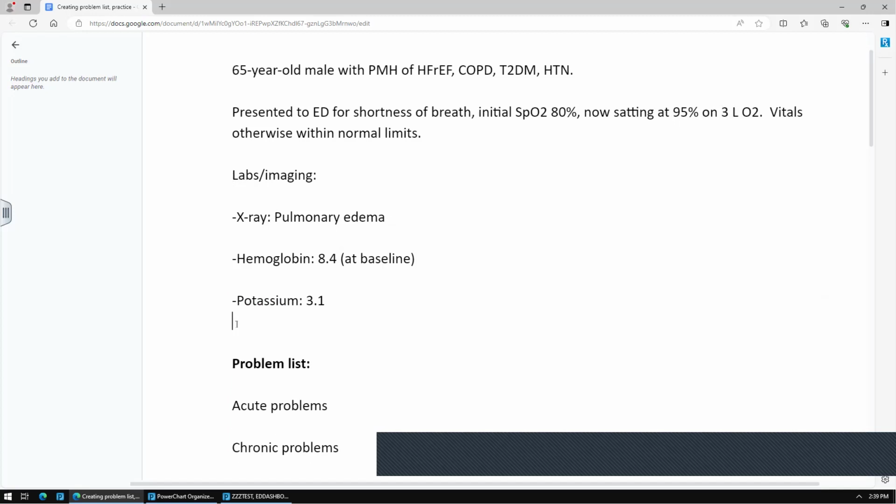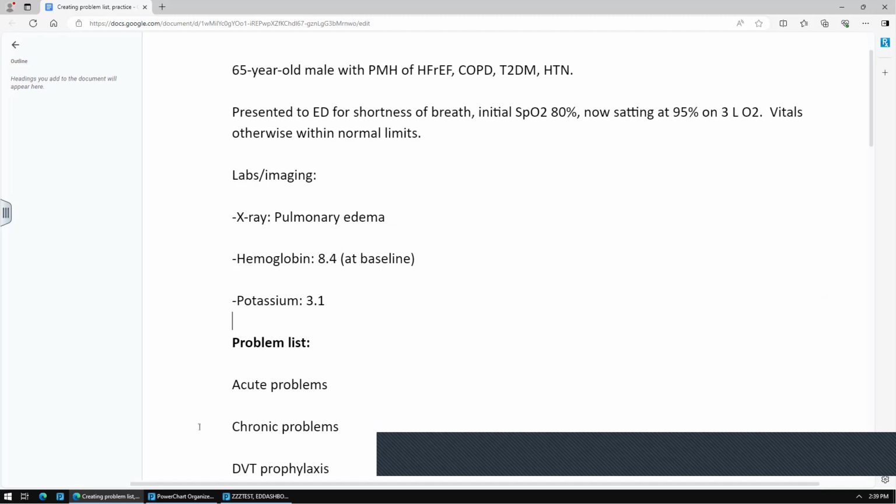So these are the 3 basic sections or components of the problem list. The order of it does matter. I think that's for insurance purposes and reimbursement. The first problems that you put are the most life-threatening, and the reasons that would justify admitting the patient to the hospital.